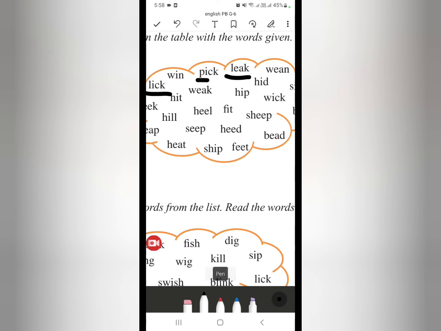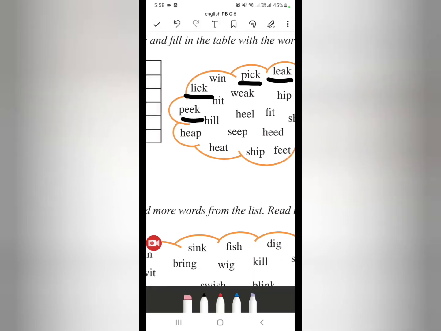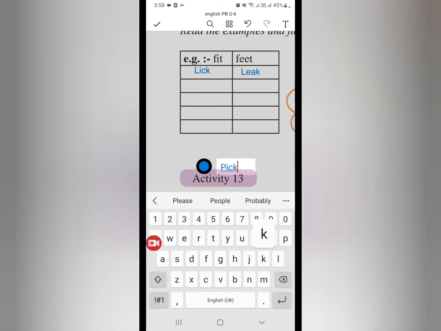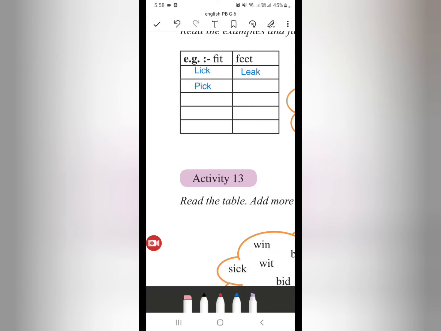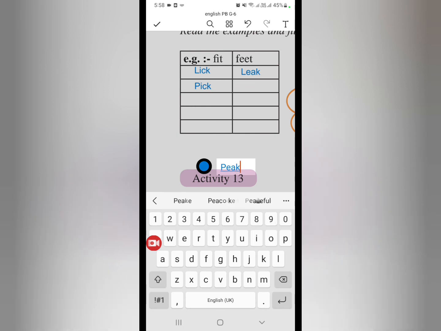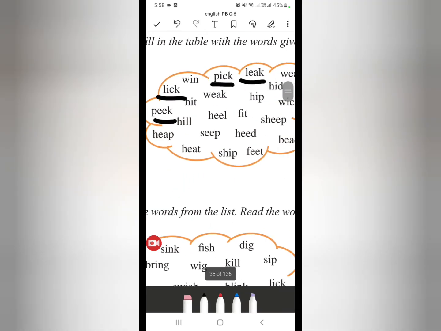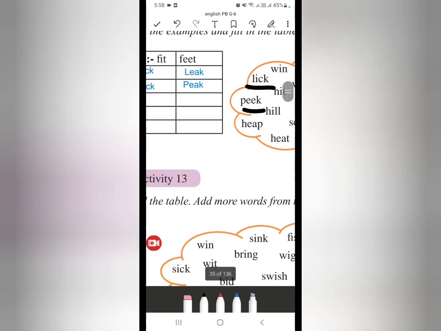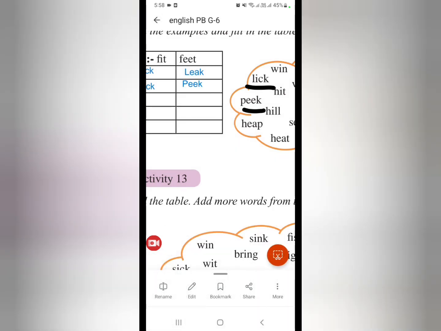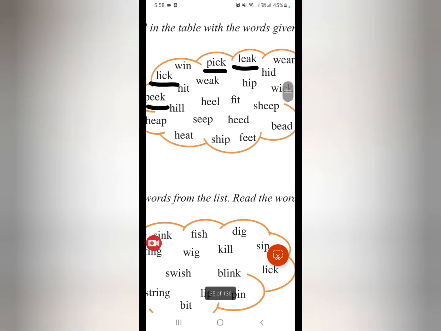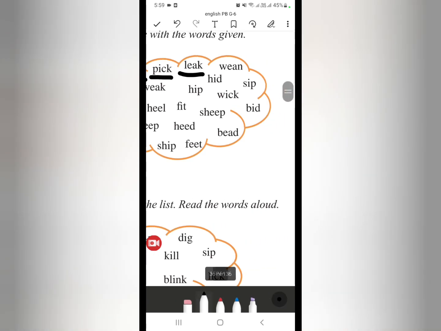Here is that peak, and then peak. Okay. Now, win.